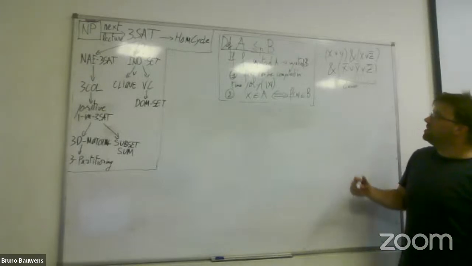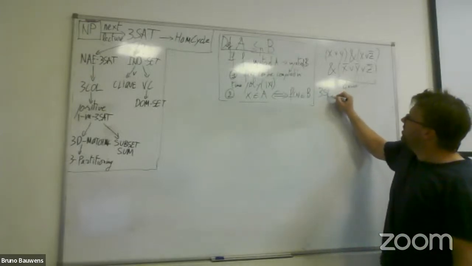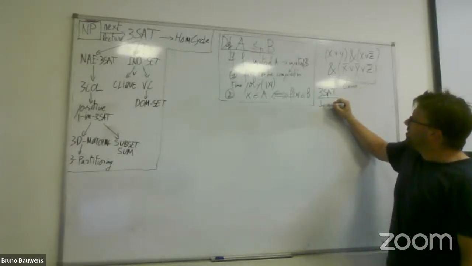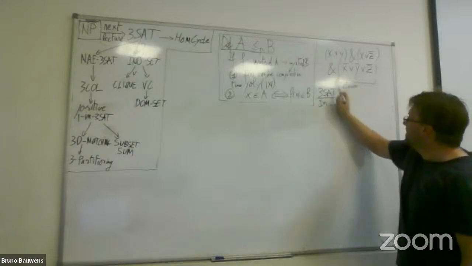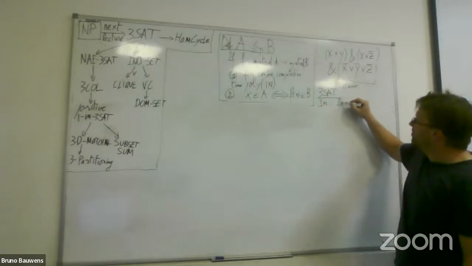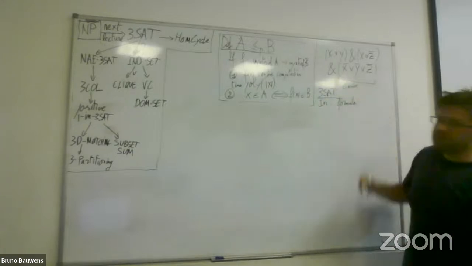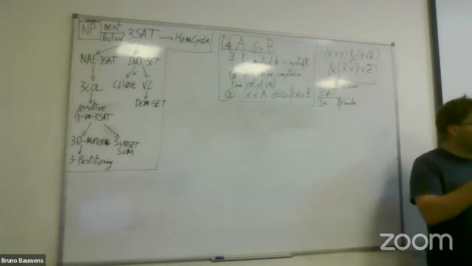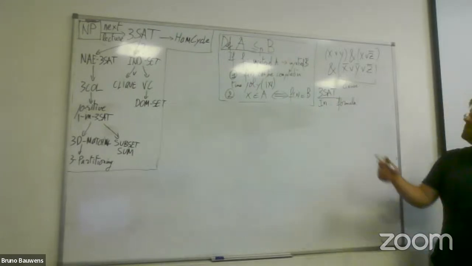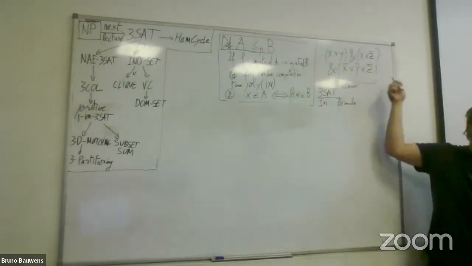And the Boolean satisfiability, the 3SAT problem: the input is a Boolean formula, a formula in 3CNF. And the question is, can you assign to the variables values 0 and 1 so that the formula equals 1? That means every clause contains a true literal.